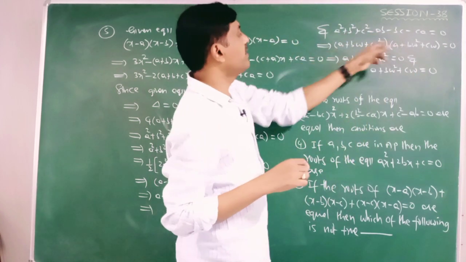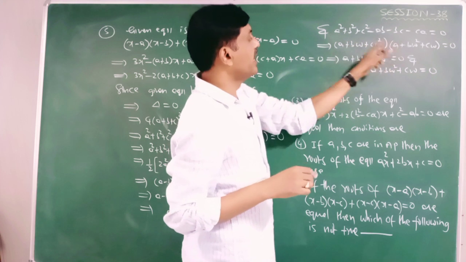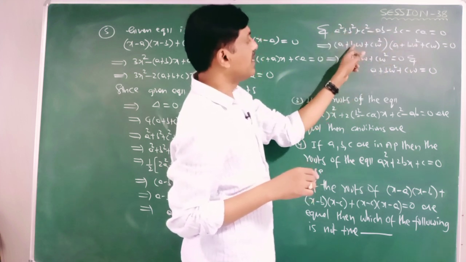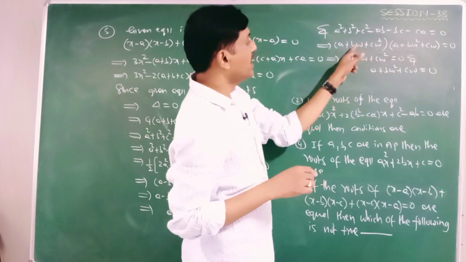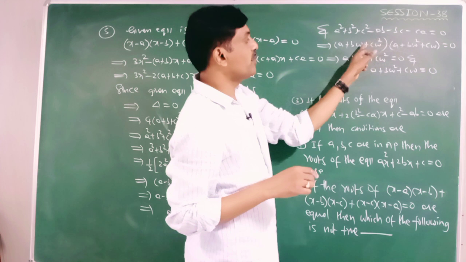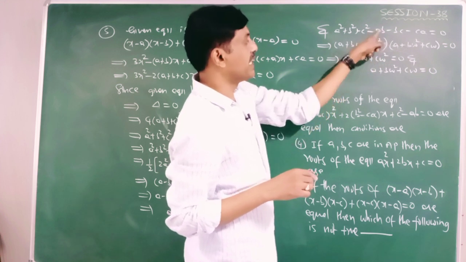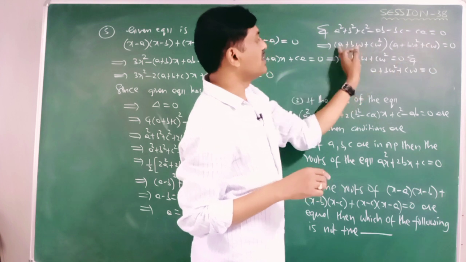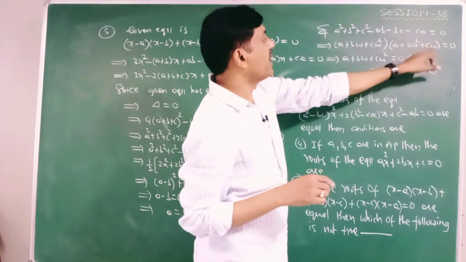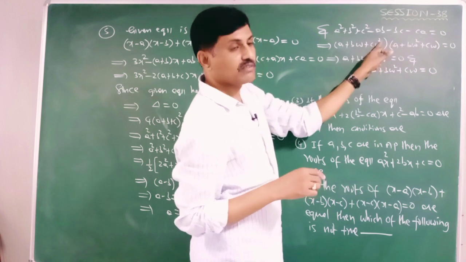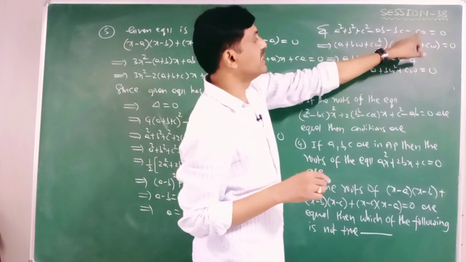If you multiply, definitely you get a into a, a square, ab omega square and ab omega. Here, as omega square plus omega is minus 1, you get minus ab. Next, ac omega and ac omega square, here also we get minus ac.